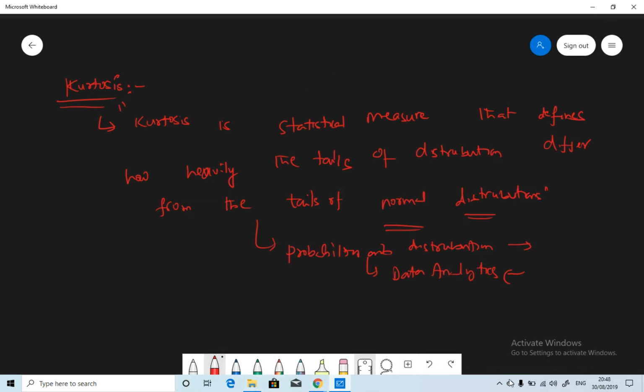We started with central tendency, dispersion and shape.